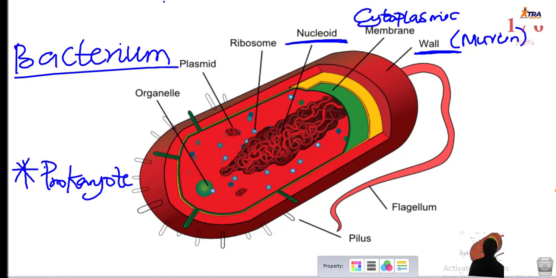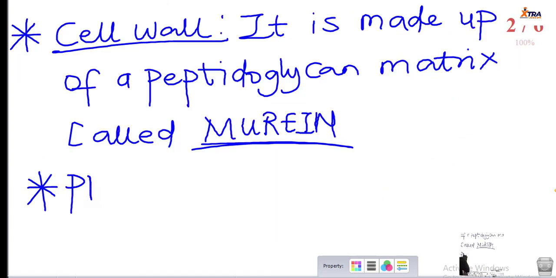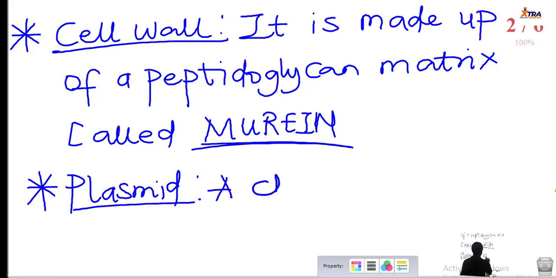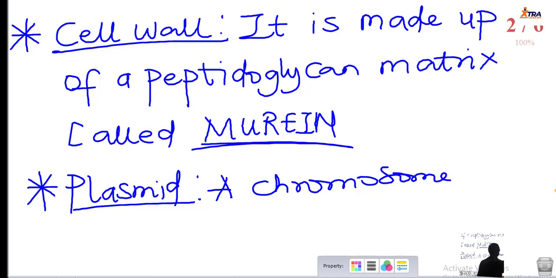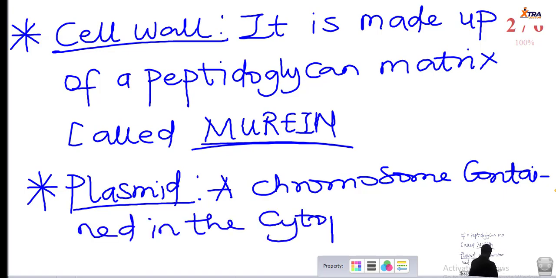But scientists have discovered that the plasmid, which is extra chromosomal DNA, we can describe as a chromosome contained in the cytoplasm of bacteria.